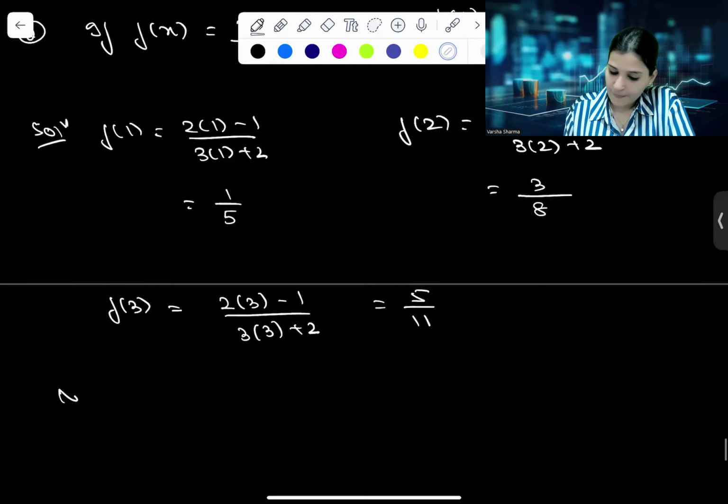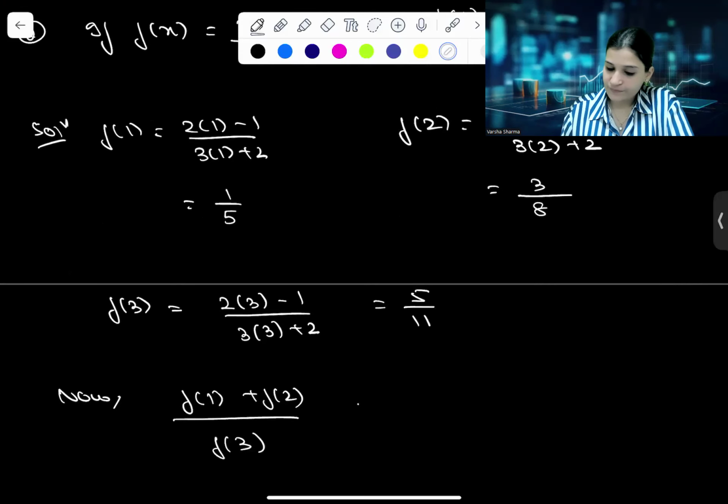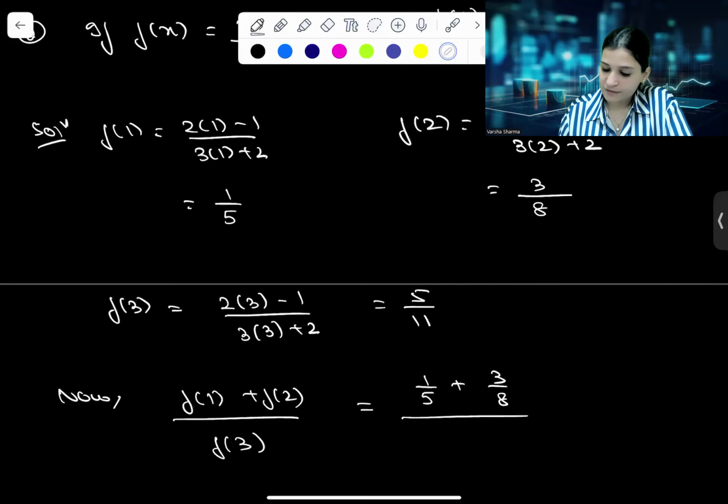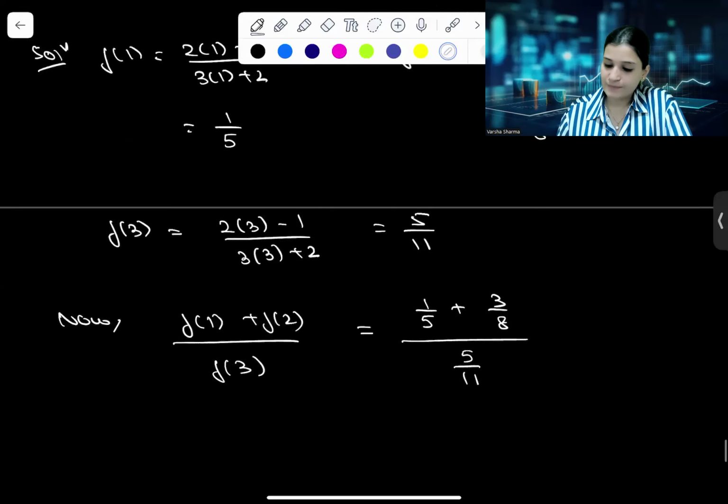Now f of 1 plus f of 2 by f of 3. 1 by 5 plus 3 by 8, by 5 by 11. 8 plus 15 by 40 divided by 5 by 11, LCM.